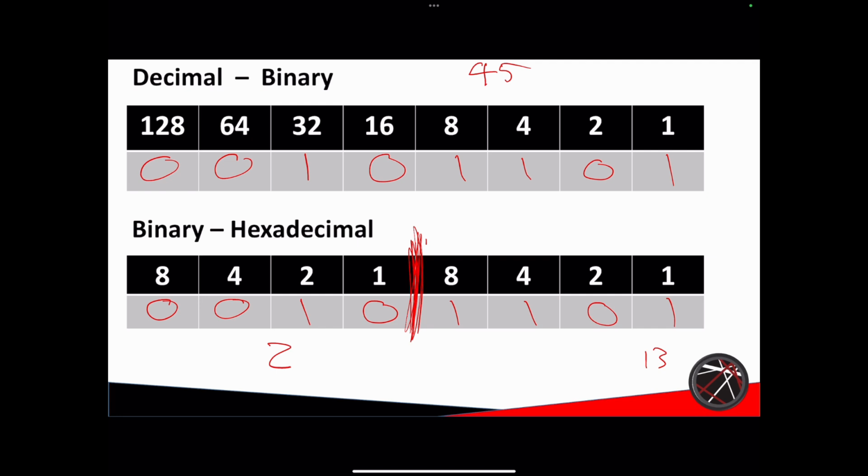Instead, if you remember, because 10 equals A, therefore 11 will be B, 12 will be C, and therefore 13 will be D. So in other words, the denary is 45, the binary is this number, and then the hexadecimal will be 2D.